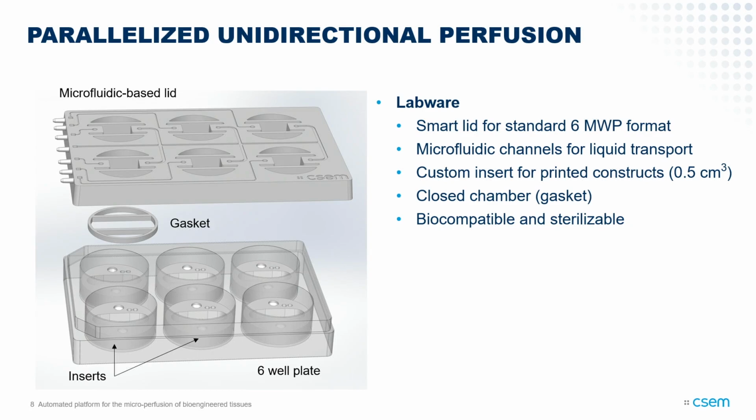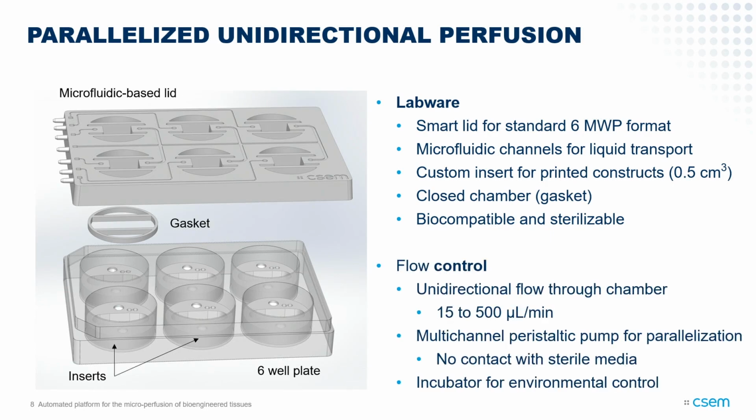We have a custom insert, which you can see in the well plate, to hold the bioprinted construct, which is in this case 1 by 1 centimeter by half a centimeter high. To create the closed chamber, we have a gasket that comes between the insert and the lid. And all the materials are biocompatible and sterilizable.